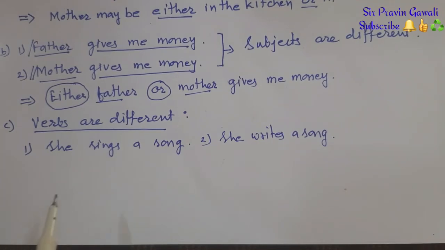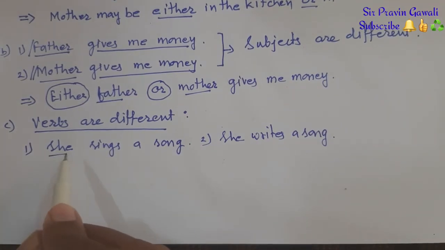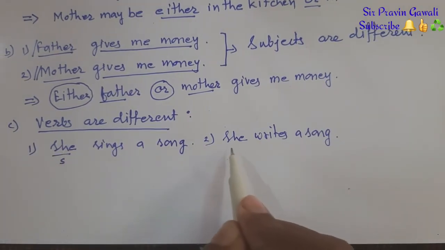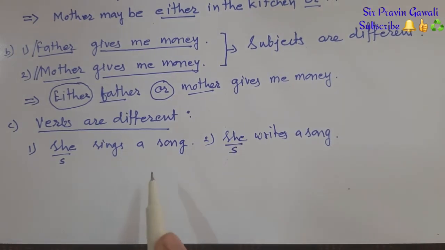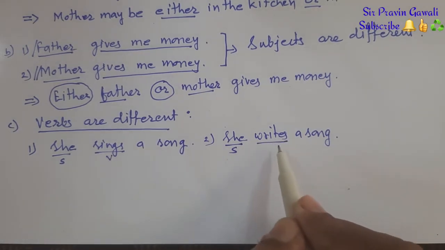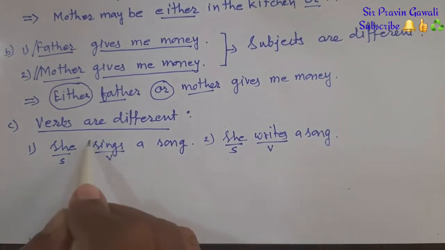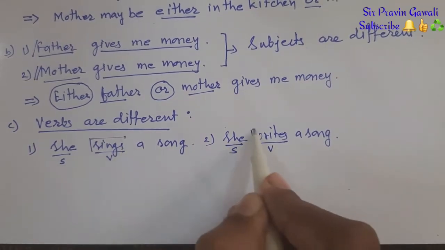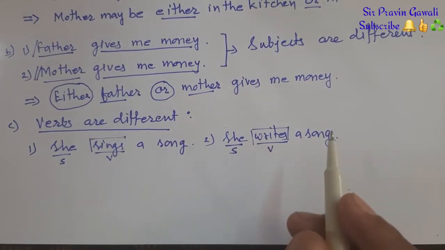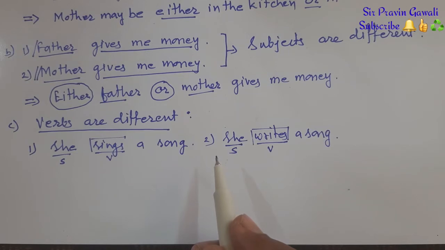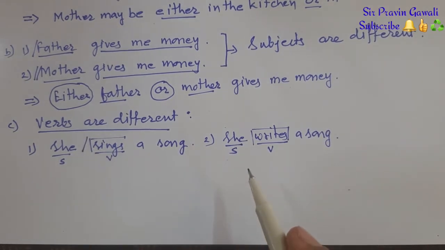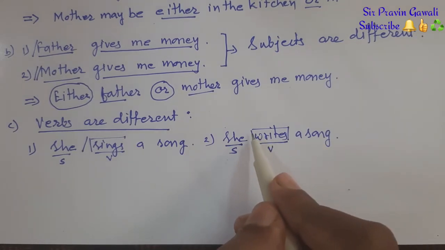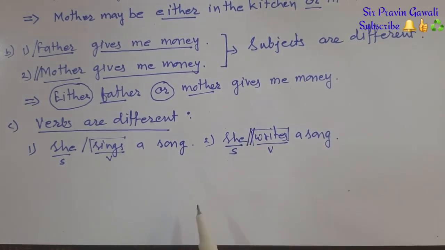So here in this sentence, she is the subject. In the second sentence also, she is the subject, so both are similar. Sings is the verb, and in the second sentence, writes is the verb. So verbs are different. As I told you, we have to put the slant line in front of the not similar things.